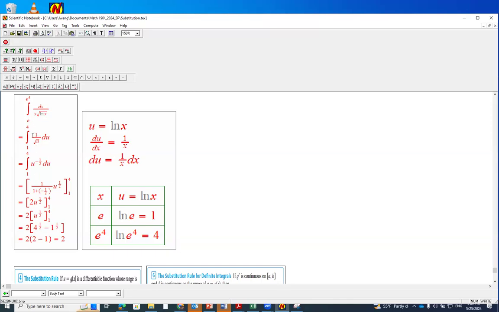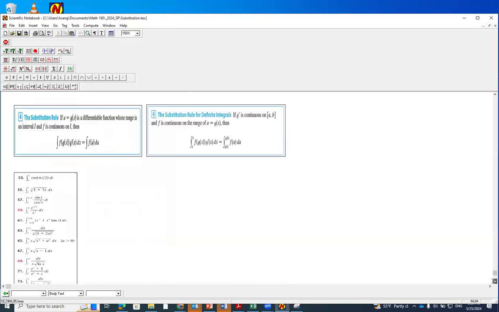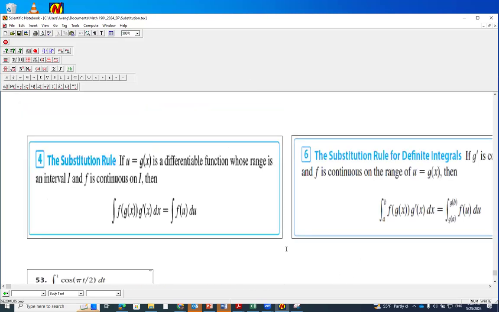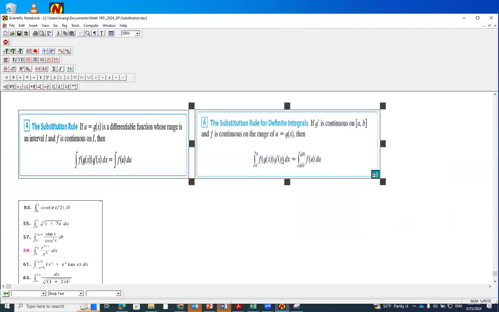The main work properly shown with equal sign, so the reader can follow. Completely x, completely u with all interval change. Once again, when we do substitution, there are three parts that need to be changed. The first part is the function part, from the substitution rule itself.